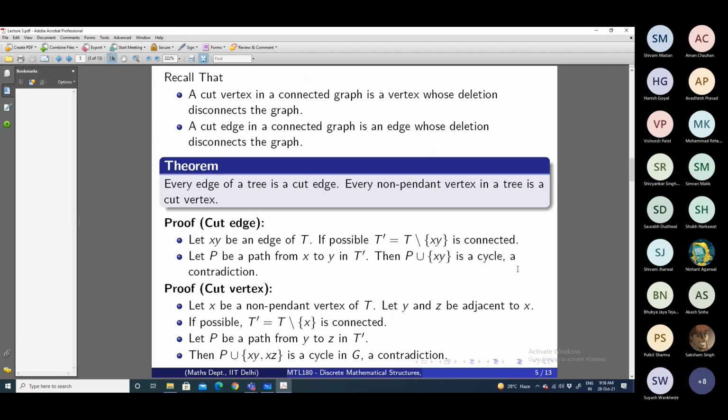So here is the proof. First we prove that any edge of a tree is a cut edge. Let XY be an edge in T, and remove it. We claim that the result should be disconnected, as we have seen here.